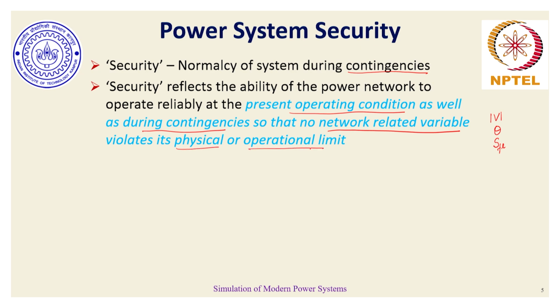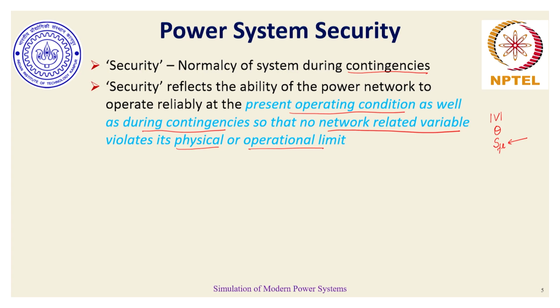There are ways of how these limits are determined. They are often determined by the network operator or through the physical experience of how far a particular voltage can go down or can go up. Transmission line ratings are specified by the manufacturer. Every line has a maximum current carrying capacity.